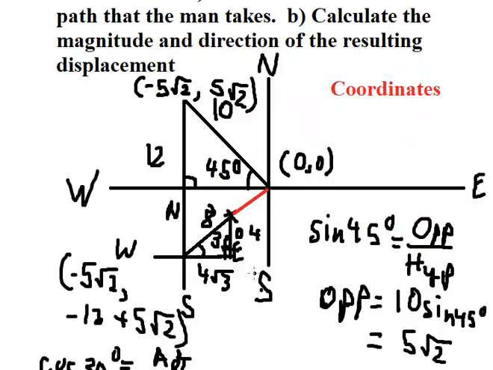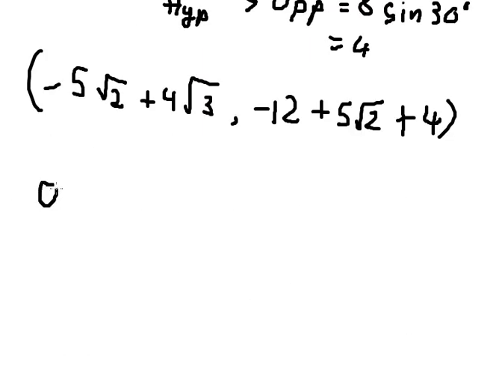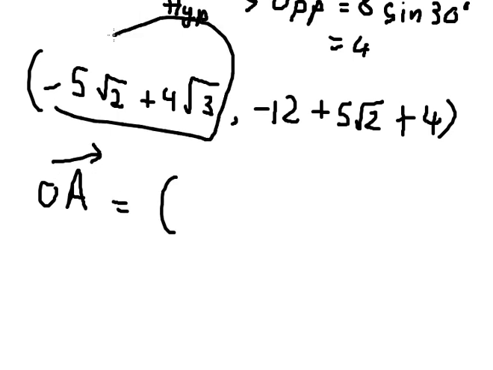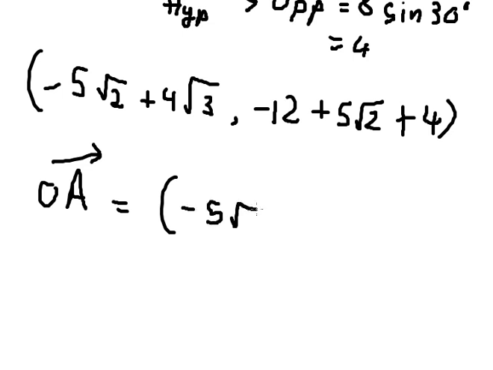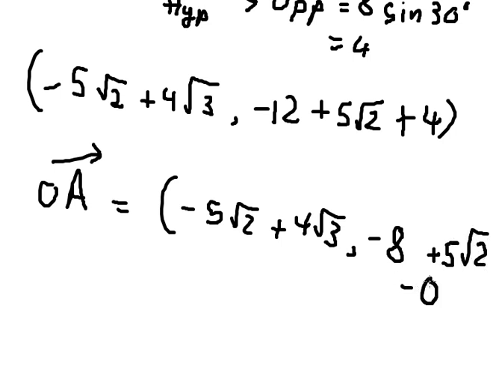Now we need to find the vector. So I will put point 8 in here. So that means this one minus 0. So we keep the same. And this one, negative 12 plus 4, we have negative 8, minus 4, minus 0, we keep the same.